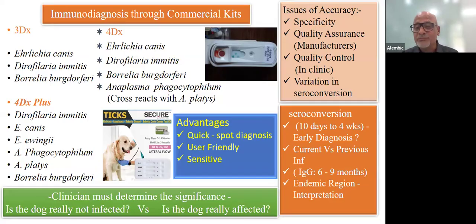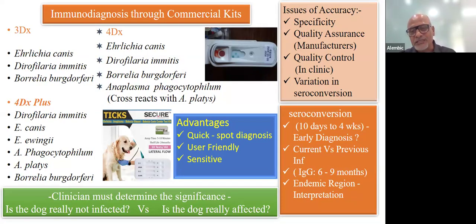Early detection of infection is sometimes very necessary. For example, Ehrlichia canis, in the early phase, begins with an acute phase, where there is bleeding and some symptoms are exhibited. Then it enters the subclinical phase, which is a prolonged phase extending from a few months to even a couple of years, and then it enters the chronic phase, which is a very, very critical phase.